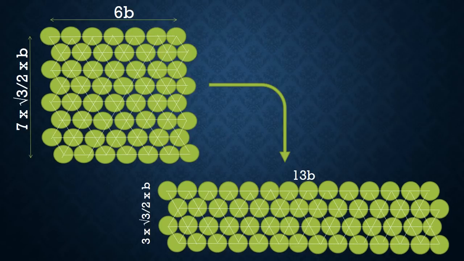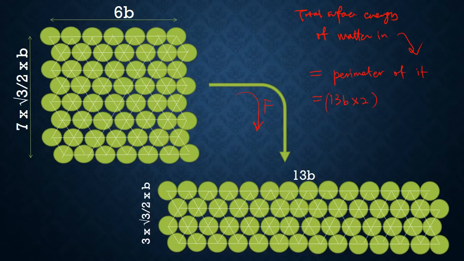So what happens to the atoms in the square shape when they change their shape into a rectangle via a certain force? What is the total surface energy of the matter in rectangular shape? It will again be the perimeter. The perimeter will be 13B times 2 plus 3 times square root of 3 over 2 B times 2.